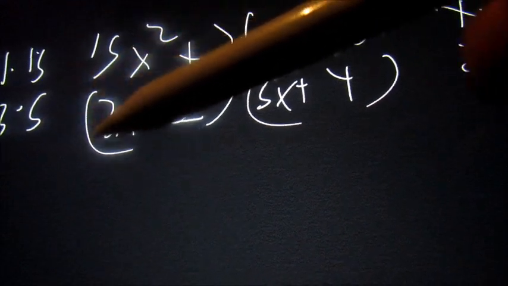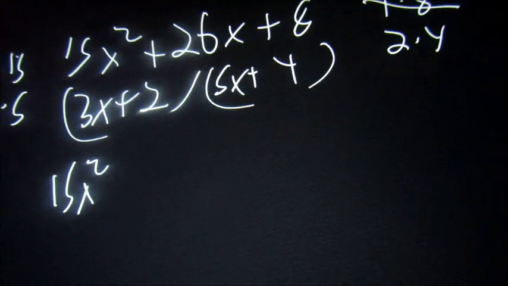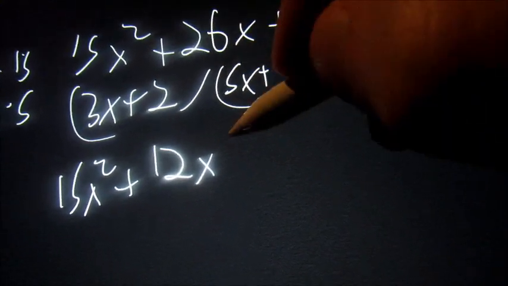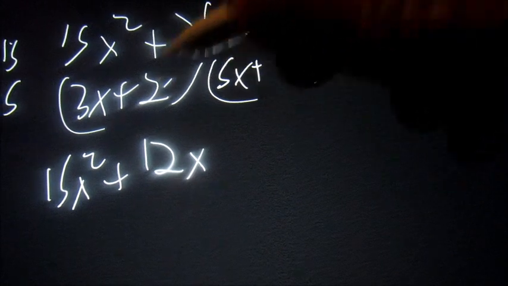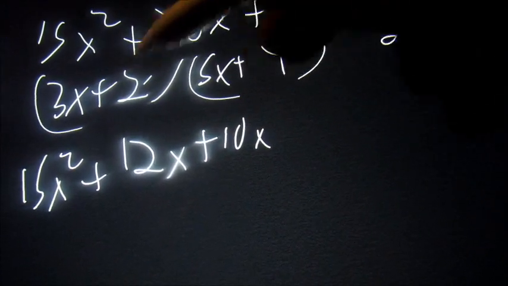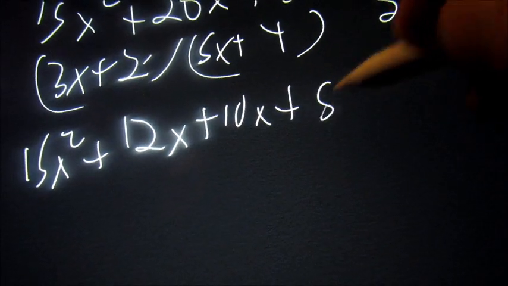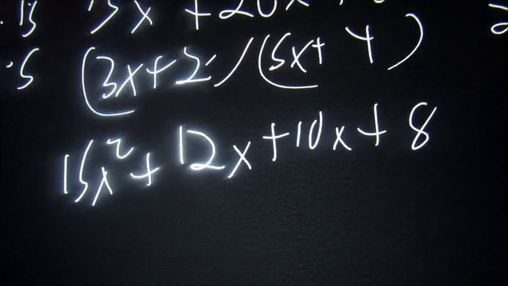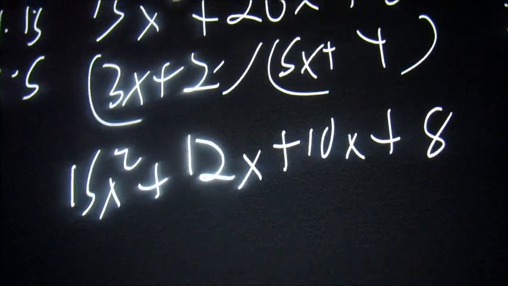So do the FOIL. 3x times 5x is 15x squared. 3x times 4 is plus 12x. 2 times 5x is plus 10x. And 2 times 4 is plus 8. 12x plus 10x equals 22, not 26.